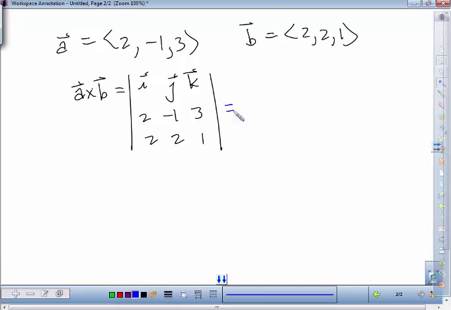So this is going to be equal to, when we go through it using the determinant method, we're going to have an I vector. And then when we cross out the row and column in which that belongs to, we see a minus 1, 3, 2, 1. And so we'll figure that out in a few minutes.